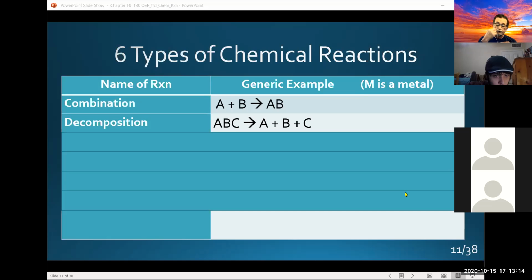That's why it's so important to find water out in outer space, because we can take it and break it back to hydrogen, which is a good fuel, and oxygen, which we need to breathe. So, a decomposition reaction: taking a compound and breaking it back down to the elements.